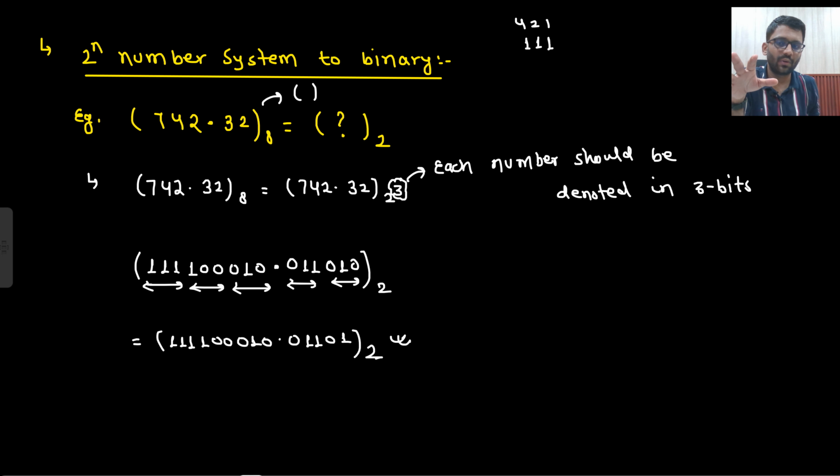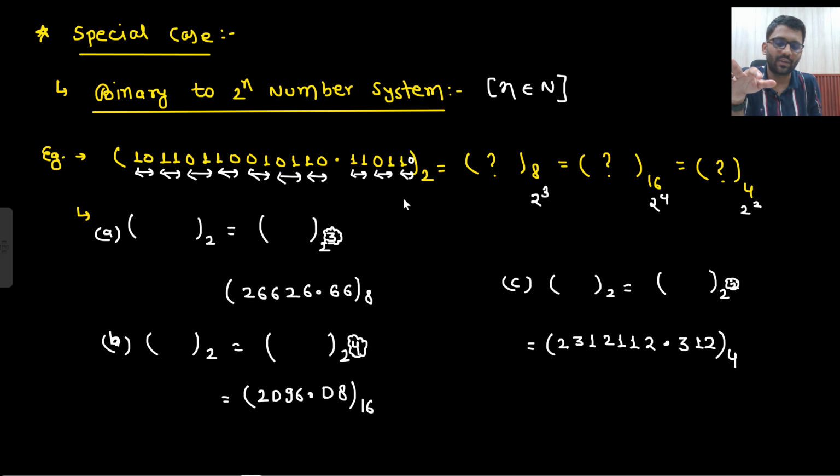But we know there is a special case. Here also this was the way, that you convert it to base 10 and then go here. But it would take a lot of time. So here we know something: if it is 2 to the power 3, that means 3 bits are clubbed.